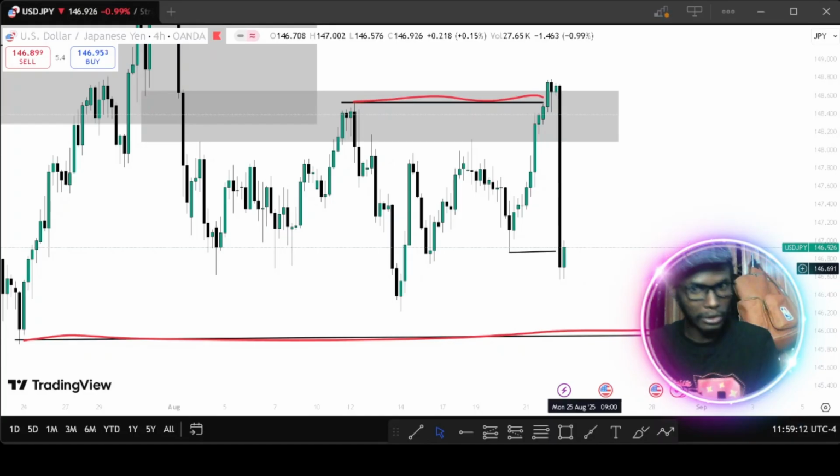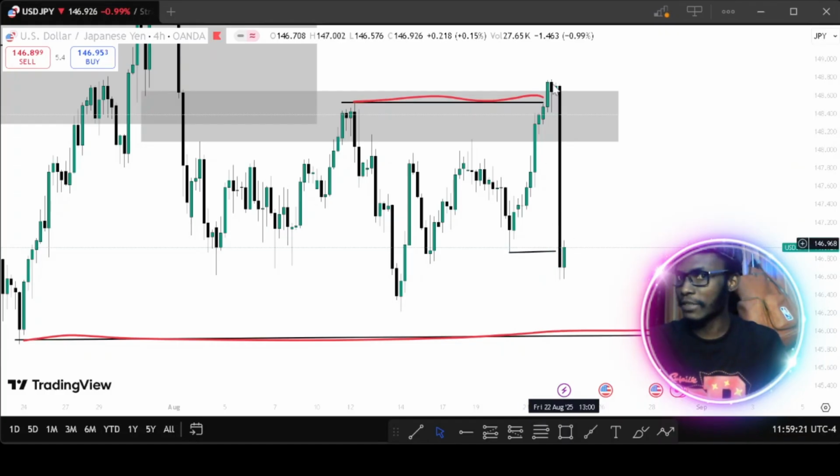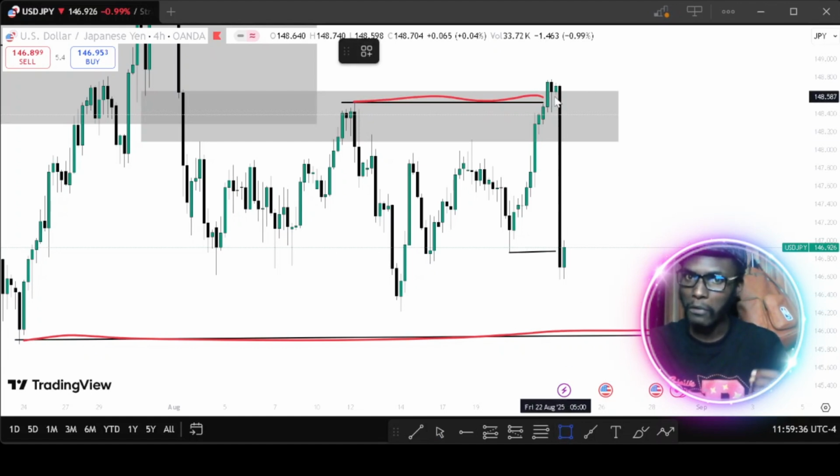Don't know if you understand what I'm saying, but after price gave us this 4 hours market structure shift, it left a gap here. This Friday candle gave us this bearish fair value gap on the 4 hours time frame, which is our potential point of interest for price to continue from this coming week.